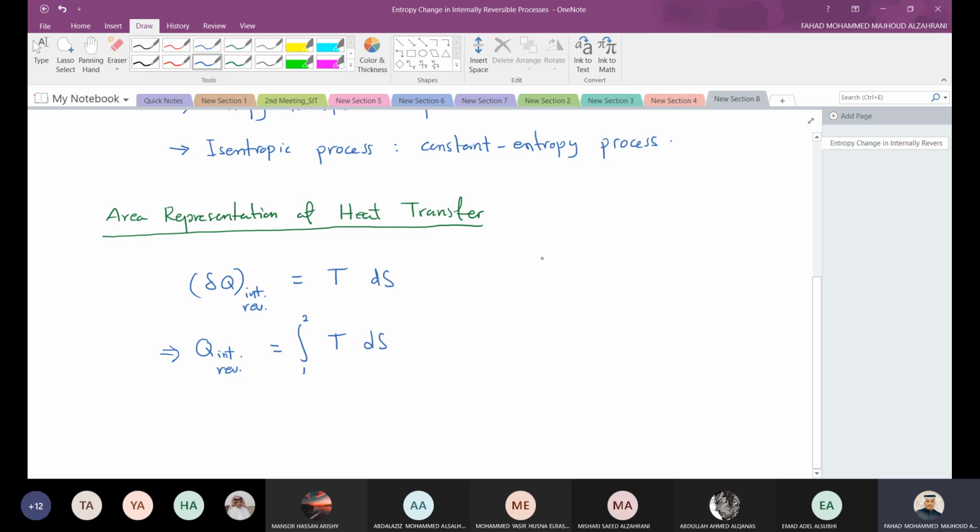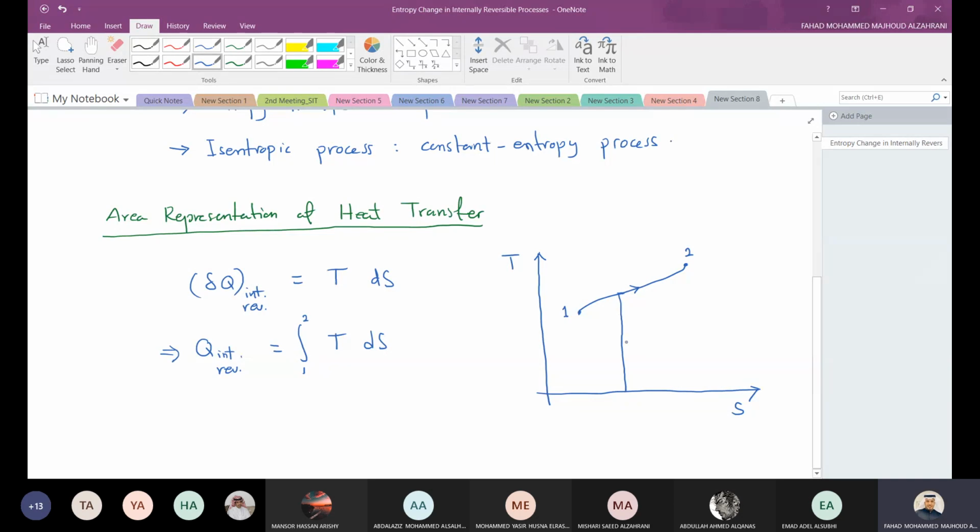So if we look at the TS diagram like this, and then you have a certain process from state 1, for example, to state 2, the dq equal T ds, you can think of it as this infinitesimally small area like this.